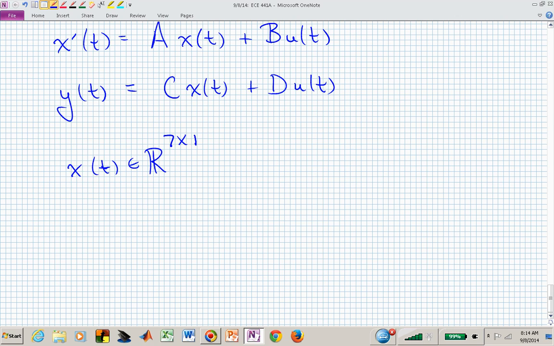Which means we have to keep track of position and velocity of z1, or mass 1, mass 2's position and velocity, etc.